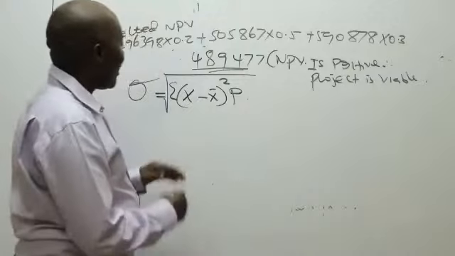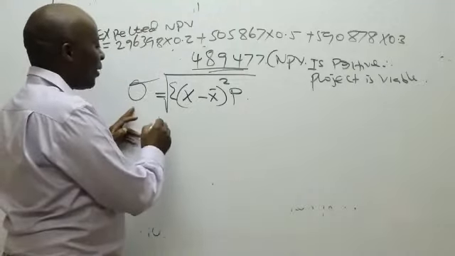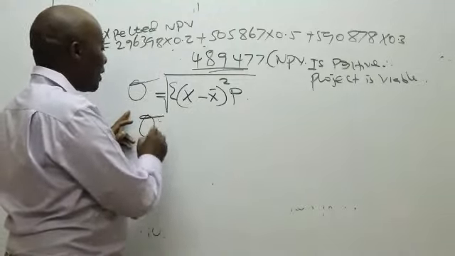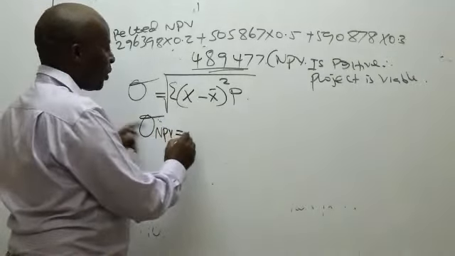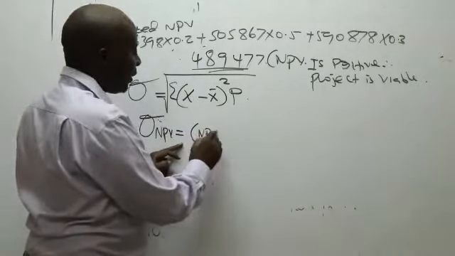Now you come here, you know this will be the standard deviation of net present value. So it will be the difference between the NPV that you have and X bar, which means expected net present value.